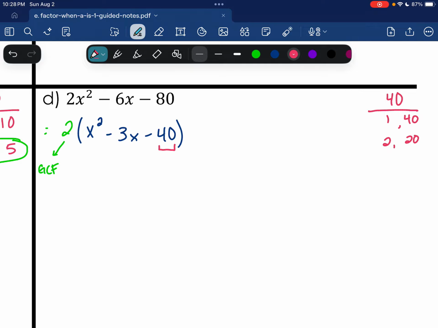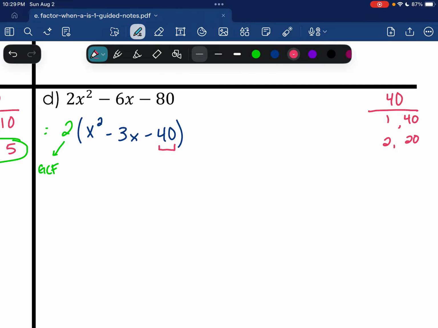When you're just trying to think of as many factor pairs for a number as you can and then see if they add up to the correct number that you need or not, it can be hard to think, have I thought about all of my factor pairs? Did I skip one? Did I try one already? And so this way I've found really helps students stay organized and keep track of their thinking. And that way we're not thinking, oh, this just isn't factorable, when really there's just one more factor pair that we hadn't thought of.